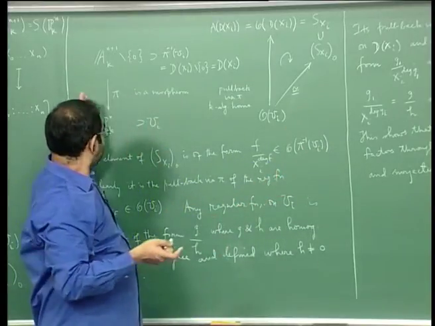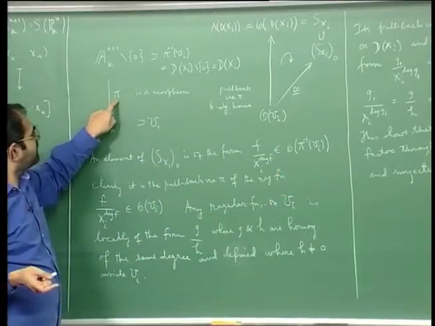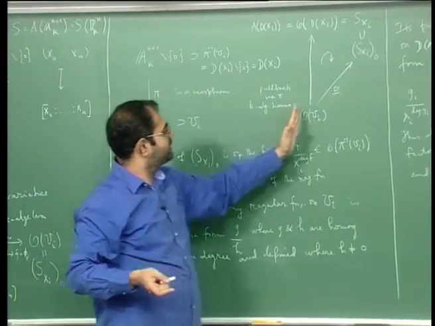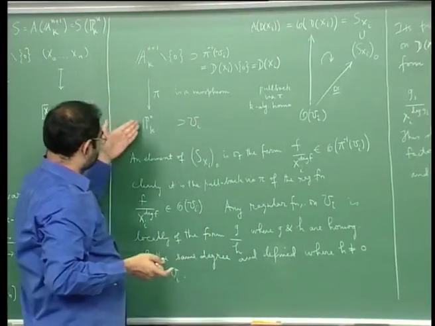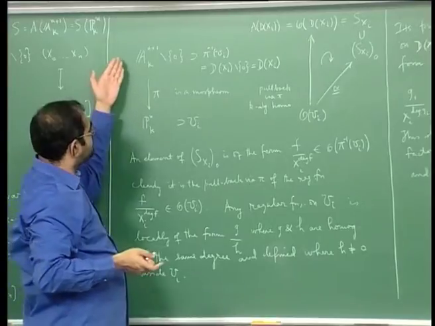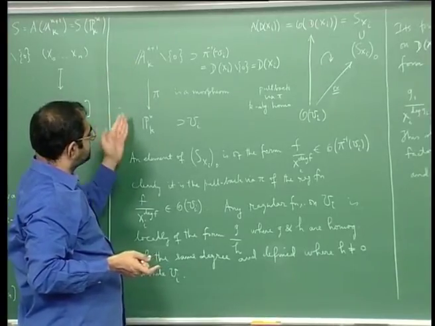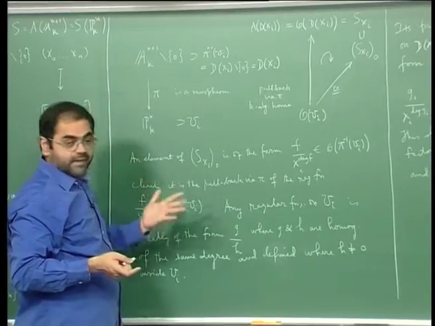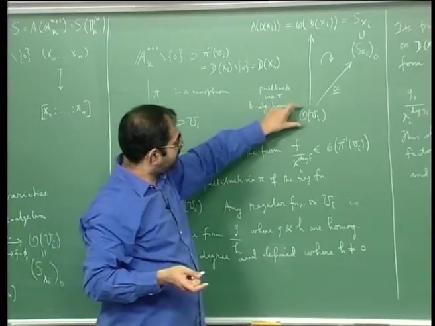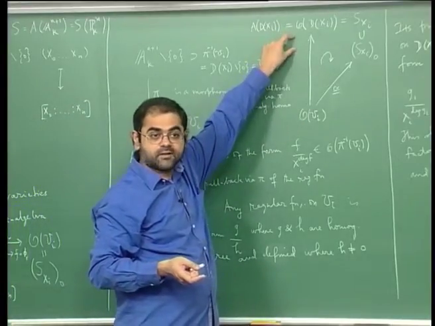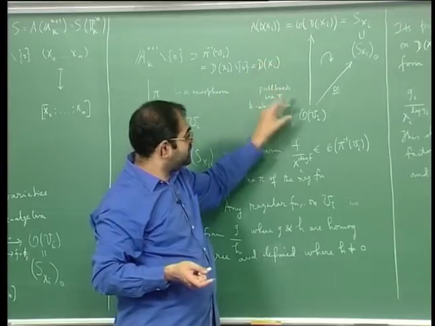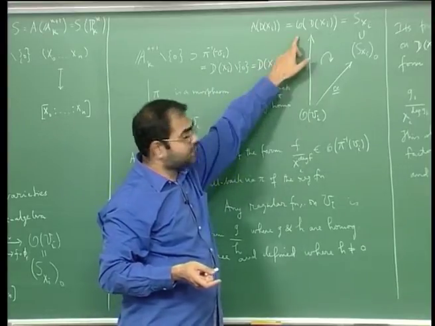The way I have done it is I've just used the pullback. I am just saying that this morphism, which corresponds to the natural quotient of punctured affine space to projective space, if you take the pullback, induces a k-algebra homomorphism from the source to the target.